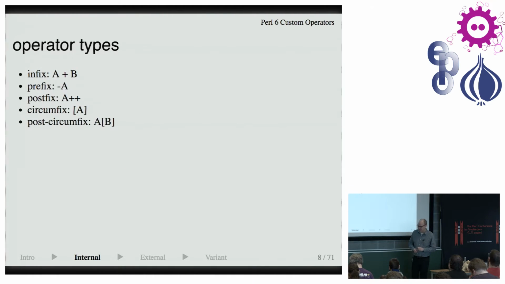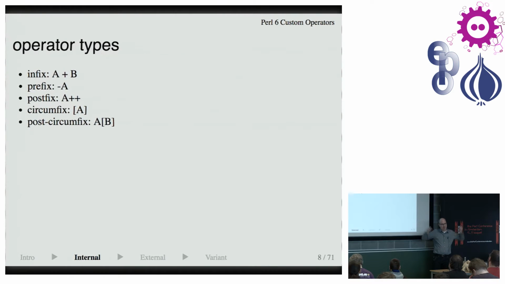A quick review and explanation of the different types of operators that you see. These are the types of operators in Perl 6. You have infix operators, which have their arguments on the side. You have prefix operators, like the minus in this case, which goes before what it's operating on. You also have postfix, like A++, which operates on the thing before it.